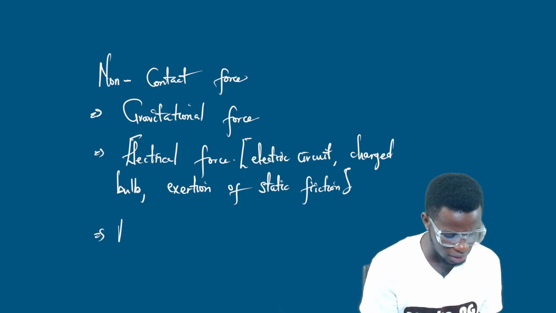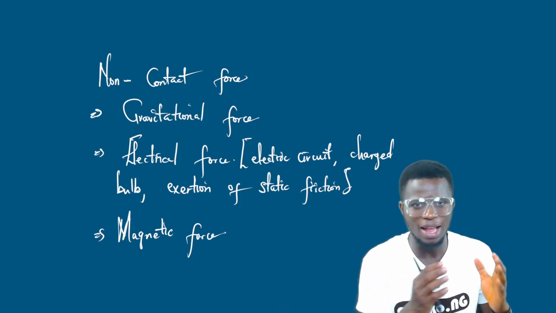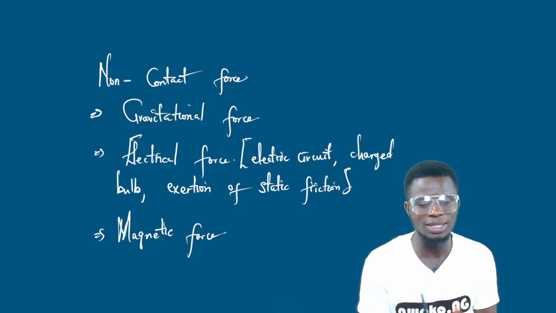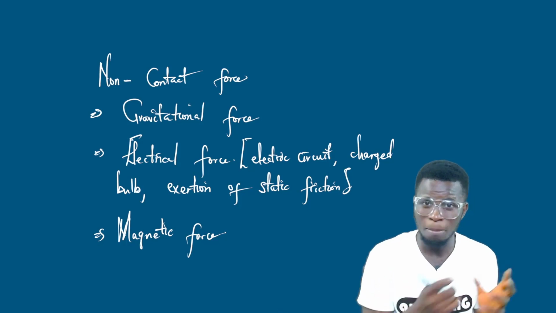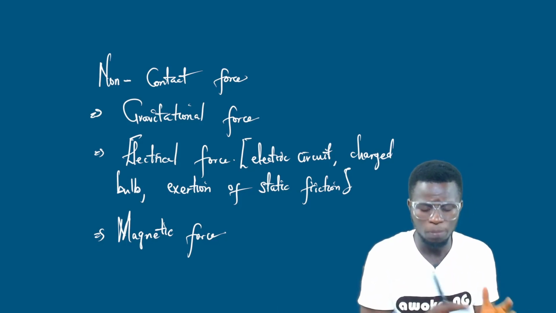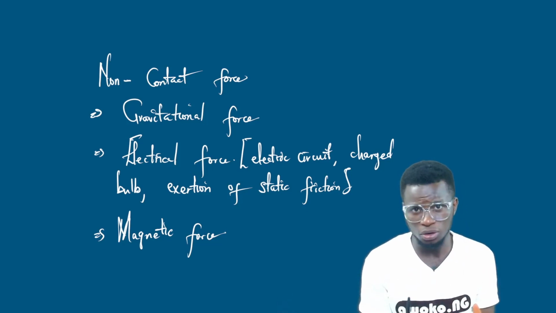Another common example is the magnetic force. The magnetic force, as you all know, is defined as the attractive or repulsive force that is exerted between the poles of a magnet and electrically charged moving particles.